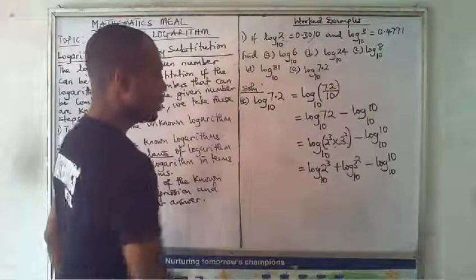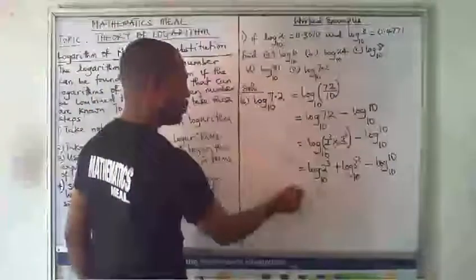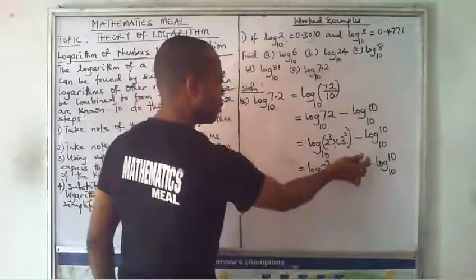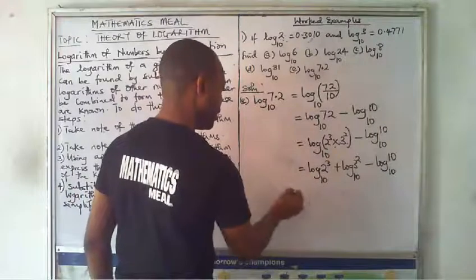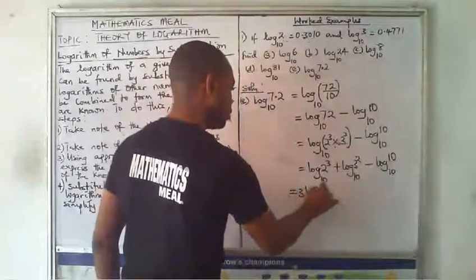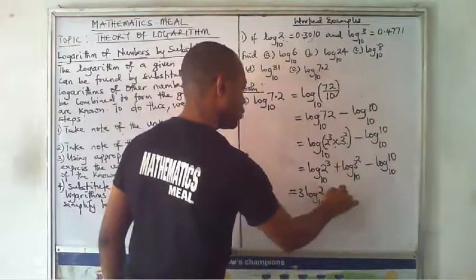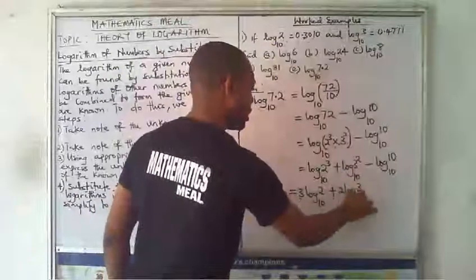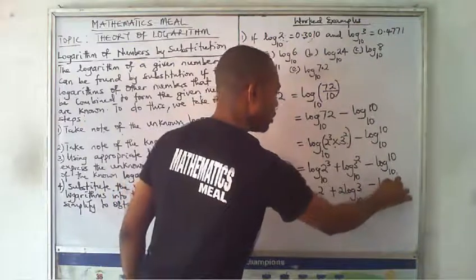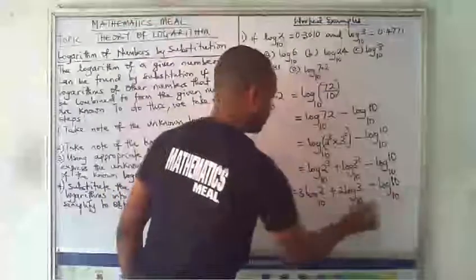We still have the stumbling block of 3 and 2 here, so we'll write it using the third law: 3 log 2 in base 10 plus 2 log 3 in base 10 minus log 10 in base 10.